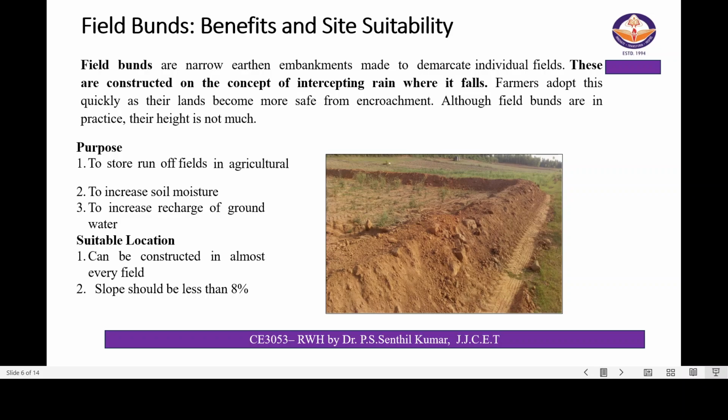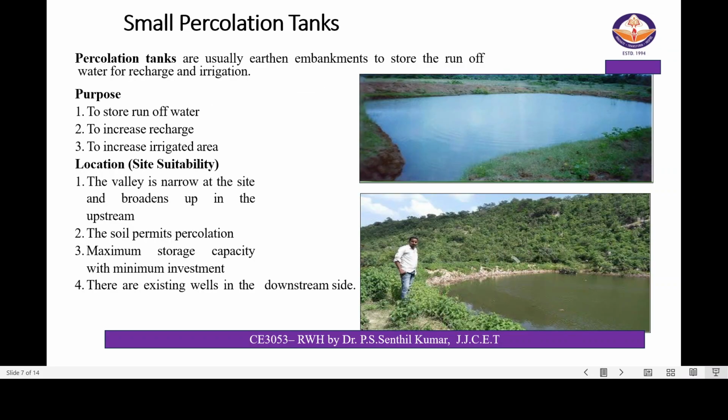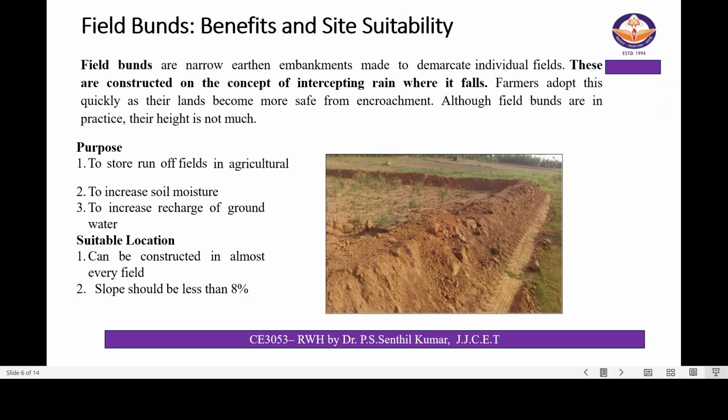Next, field bunds. Benefits and site suitability. Field bunds are narrow earthen embankments made to demarcate individual fields.